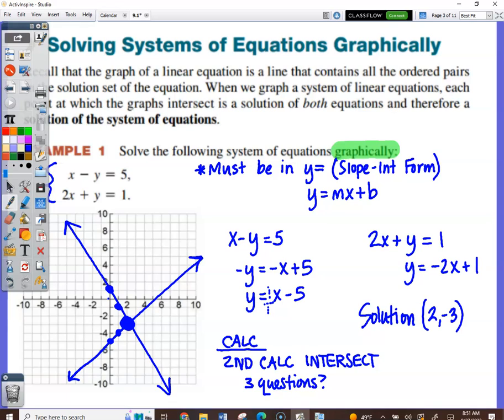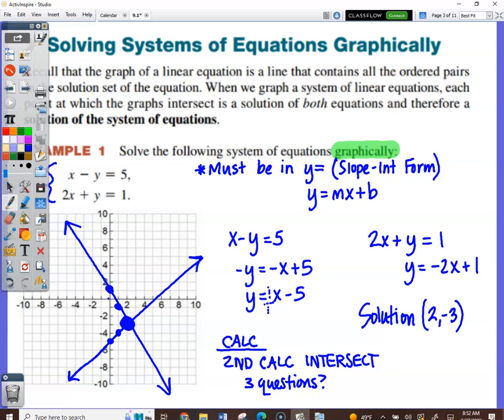Let's say you graphed it and you hit zoom 6 and you can't see a single thing. You have to be comfortable with the calculator to play with the window, to zoom out and zoom out until you start to see where they actually go, and then adjust the window so you can get it close enough that you could do second calc. Okay?